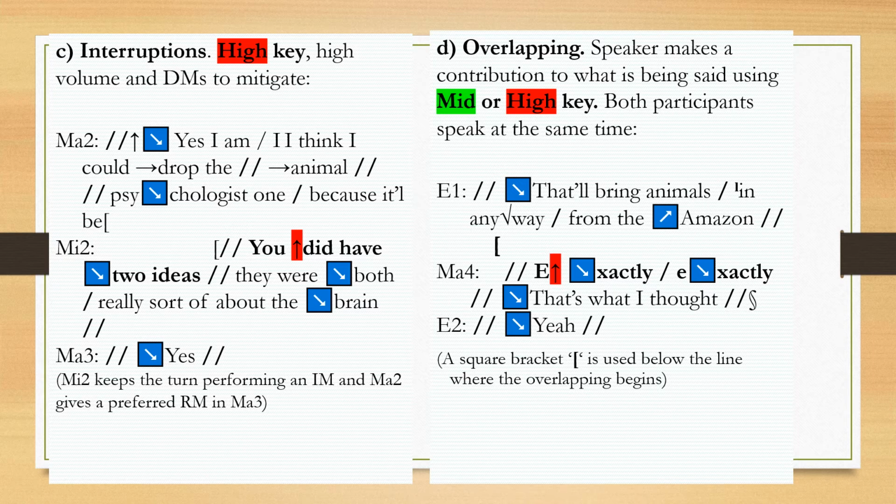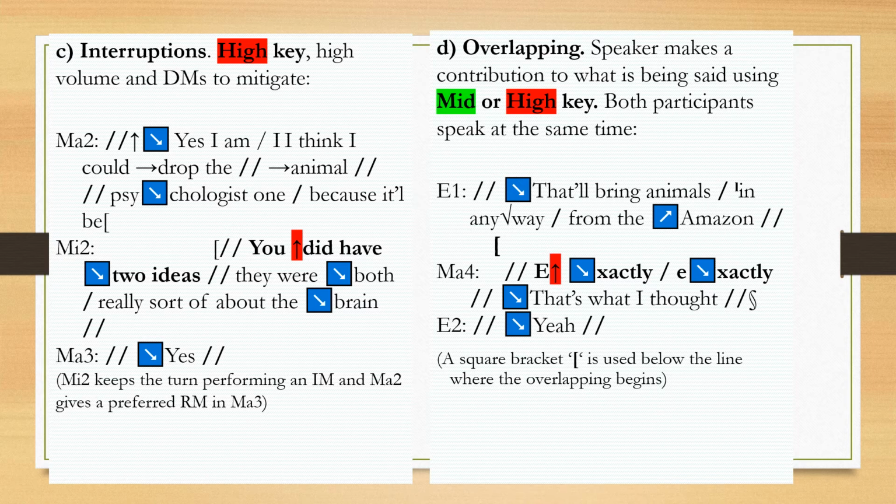Interruptions are produced when the speaker willingly, and this is important, willingly decides to use a high key because he or she wants to take over the conversation. Another prosodic characteristic is a high volume, and sometimes so as not to be so rude and produce a face-threatening act, the speakers may also use discourse markers here.